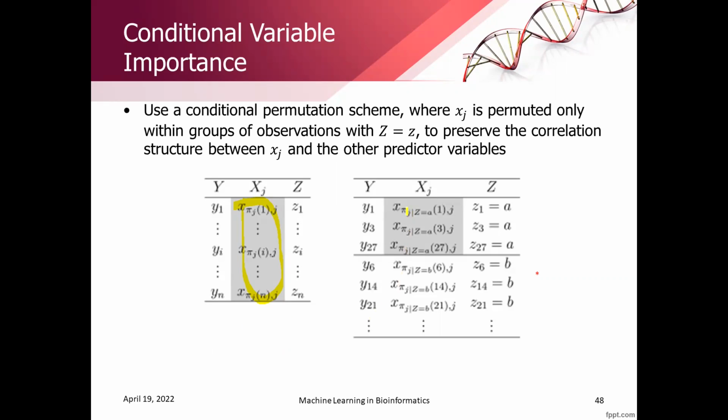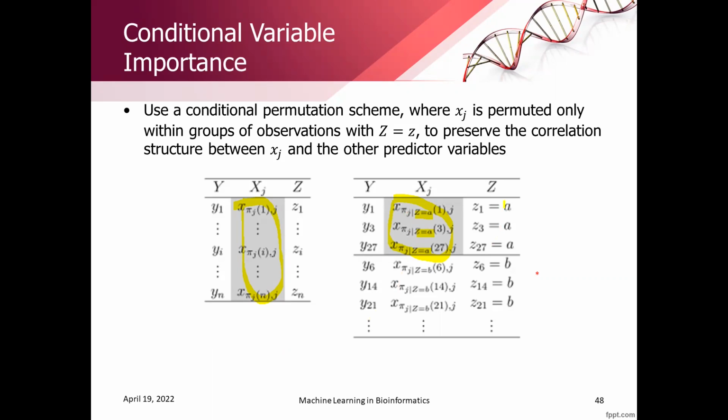But if we permute the column only by sections, with respect to the other cutoffs contained in the decision tree.